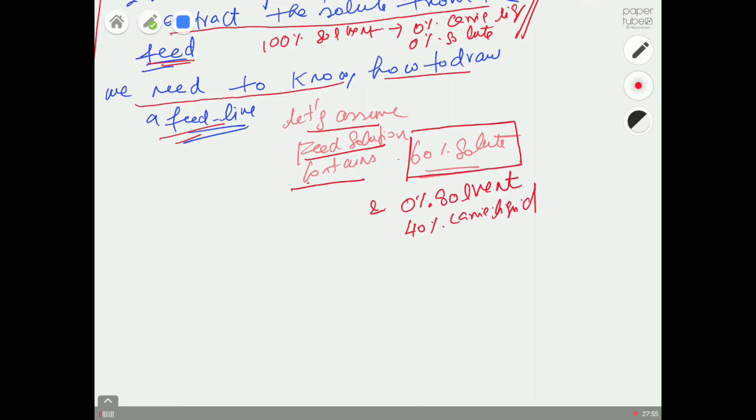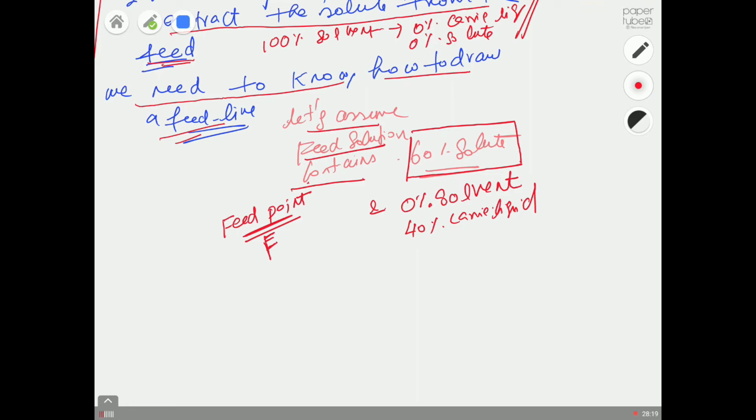So if I ask you to plot the F, your feed point, let's call it the feed point, and use some notation, say F, feed point.